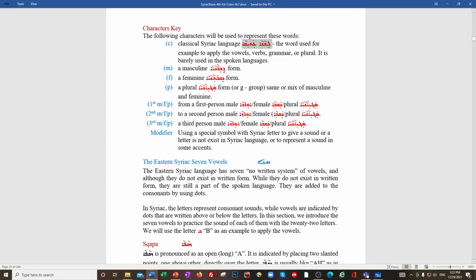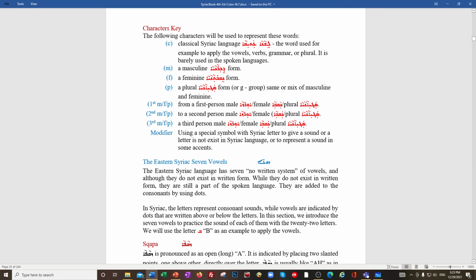Just like many languages, they have the classical, the formal language, which is different than the spoken language. So we use some of these words, but when you see this C between two parentheses, that means it's barely used in the spoken language.